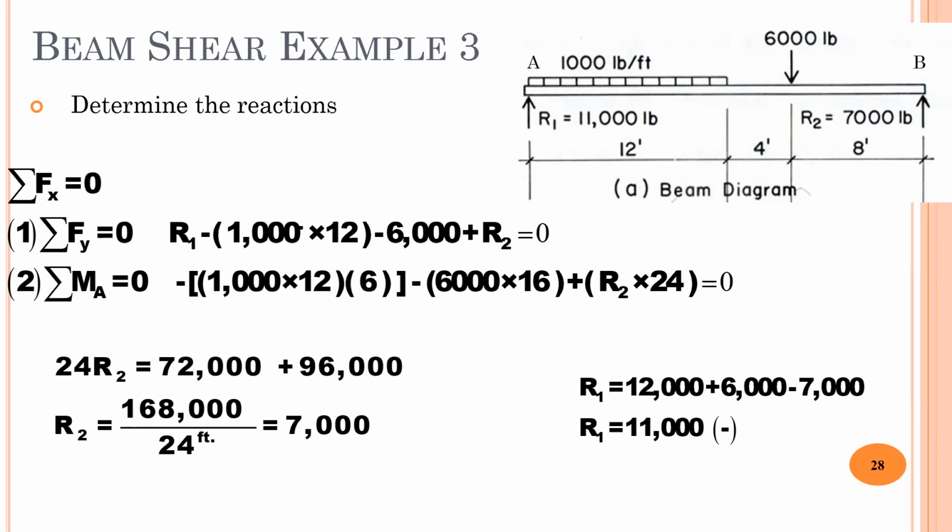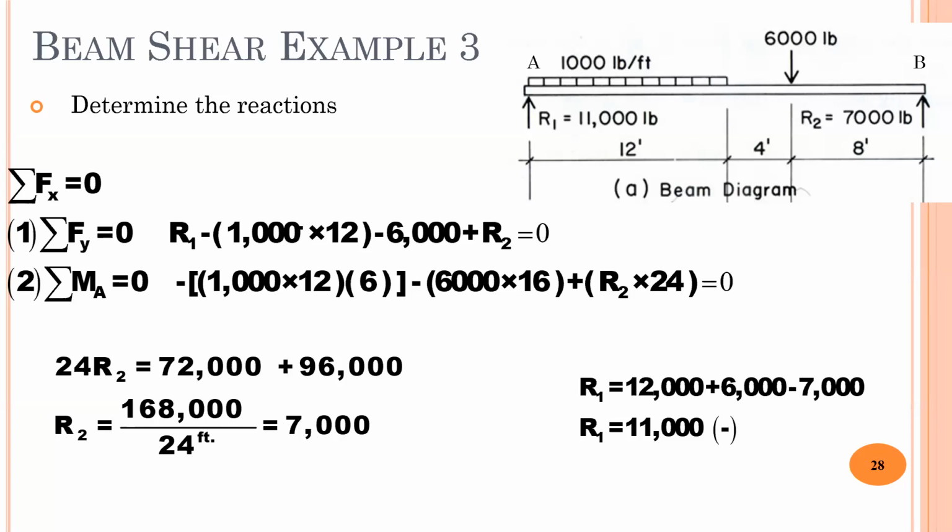For the first one, if you're taking moment at A, you would multiply 12 times the force to convert to a point load, which is 12,000, but it acts 6 from A, and it is coming down, so it's going in the clockwise direction, which is minus.